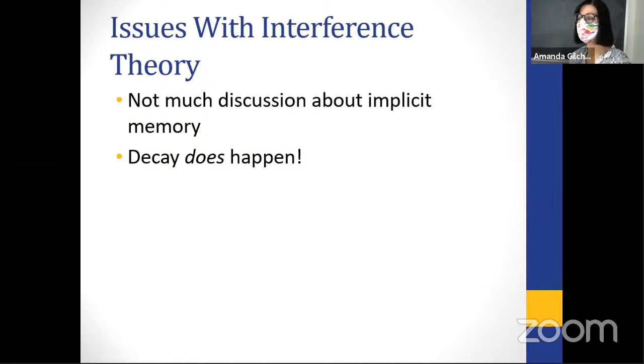And here's the other thing. So when we talk about decay, we're talking about time-based forgetting. Interference theory basically says the only reason that we forget anything is because other information is competing for our retrieval. But here's the thing, decay does happen.